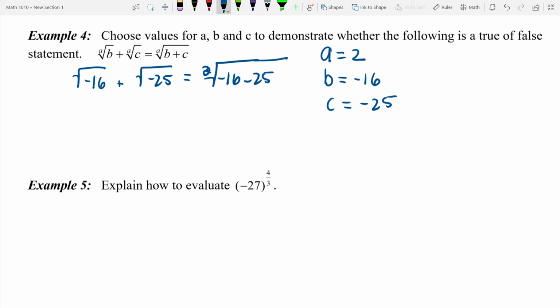Put B and C together. The square root of -16 is 4i. The square root of -25 is 5i. When I add those together, I get 9i. On the right-hand side, that gives me the square root of -41, which is equal to i, just pull that negative out as an i, square root of 41. Are those equal to each other? No. So I'm going to say not equal to each other.